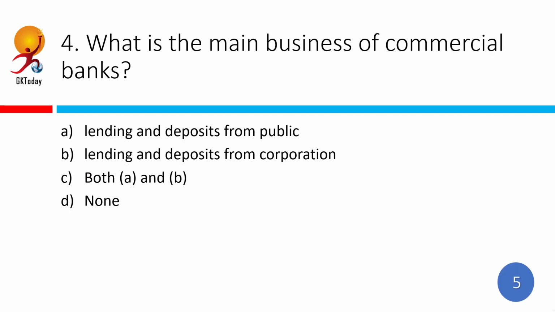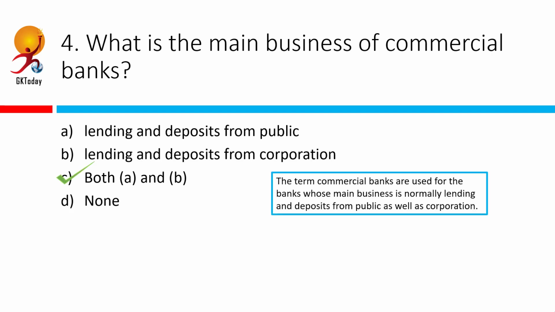What is the main business of commercial banks? Correct answer is both A and B, that is lending and taking deposits from public and lending and taking deposits from corporations. Commercial bank is a term that is used to describe banks whose main business is normally lending and taking deposits from public as well as corporations.